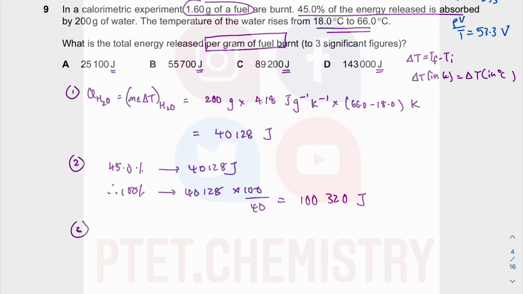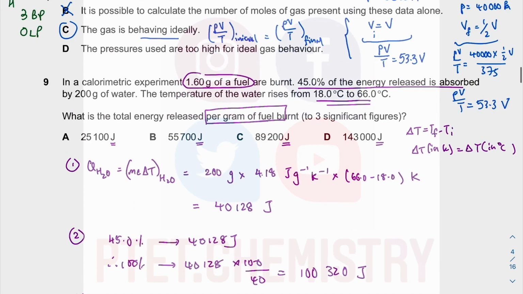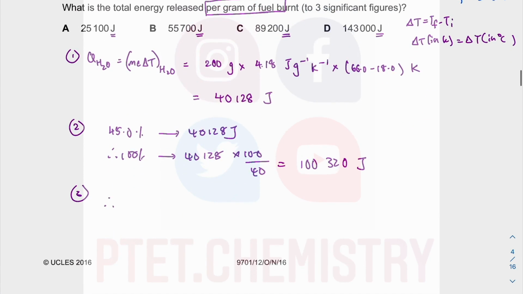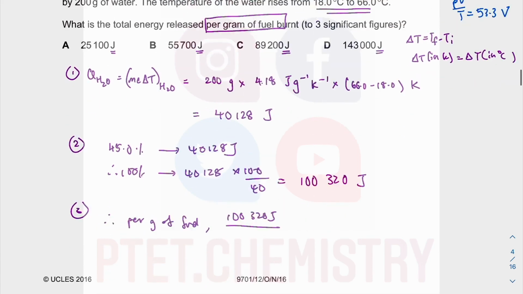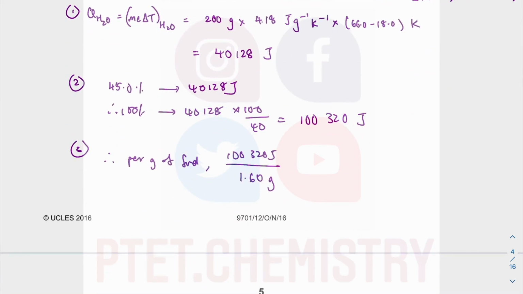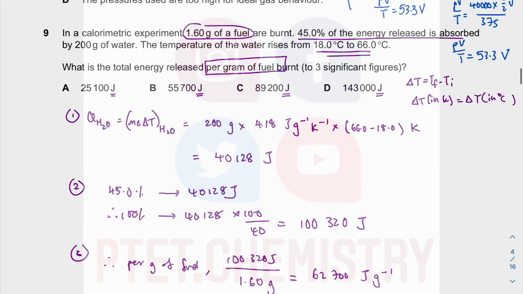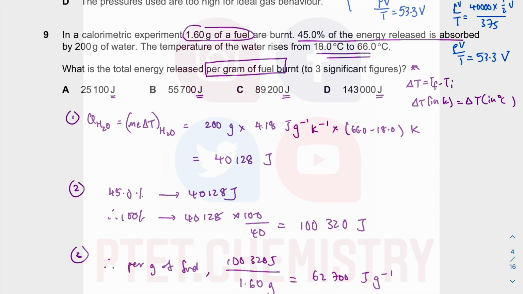But that is for 1.60 gram of fuel. I want it per gram of fuel. So per gram of fuel, 100,320 joule divided by 1.60 gram of fuel, and I get 62,700 joule per gram, and they want it to 3 significant figures.